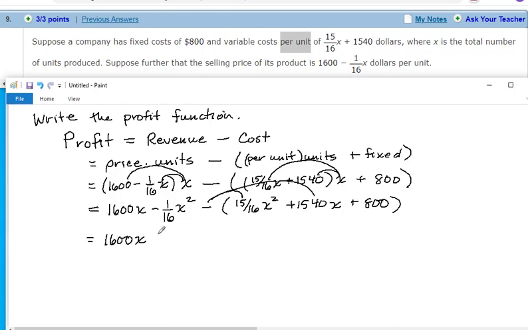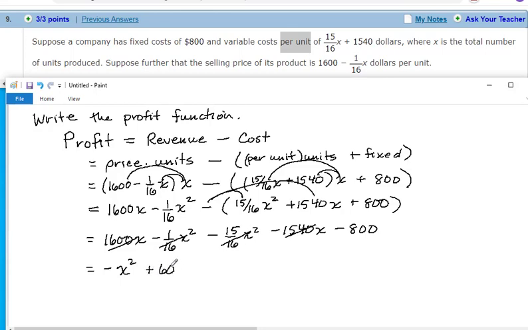So 1600x minus 1/16 x squared, take away 15/16 x squared, take away 1540x, take away 800. Last step, negative 1/16 x squared and negative 15/16 would make negative 16/16, which is negative 1 whole x squared, positive 1600 negative 1540 is positive 60x, and finally negative 800. That would be our profit function.